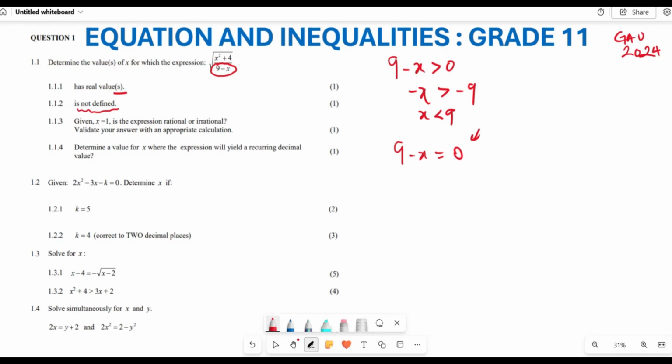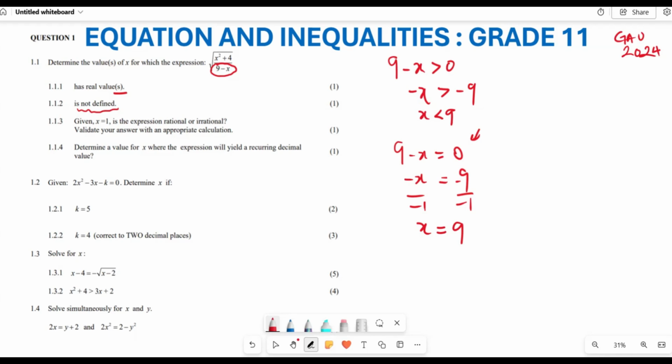If whatever you have in the denominator is equal to 0, whatever you have as a root is the same as undefined. So this is the same as negative x equals negative 9. Then you divide by negative 1 on both sides. Remember the 9 was also negative. So your x is equal to 9, where you are going to have these particular values as undefined, or not defined.